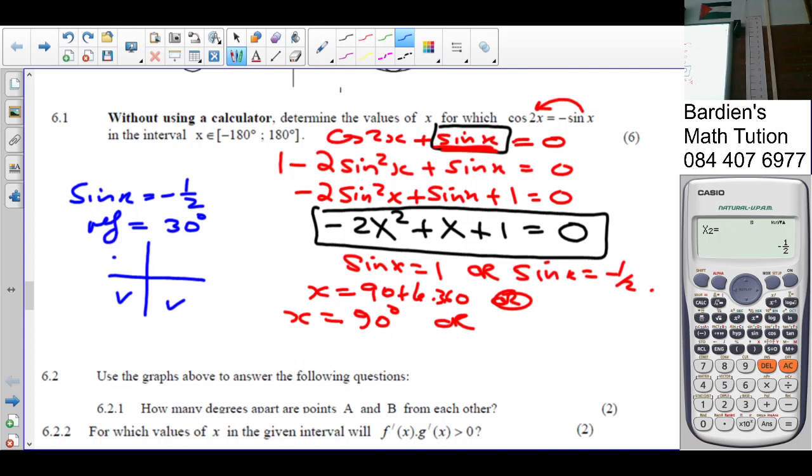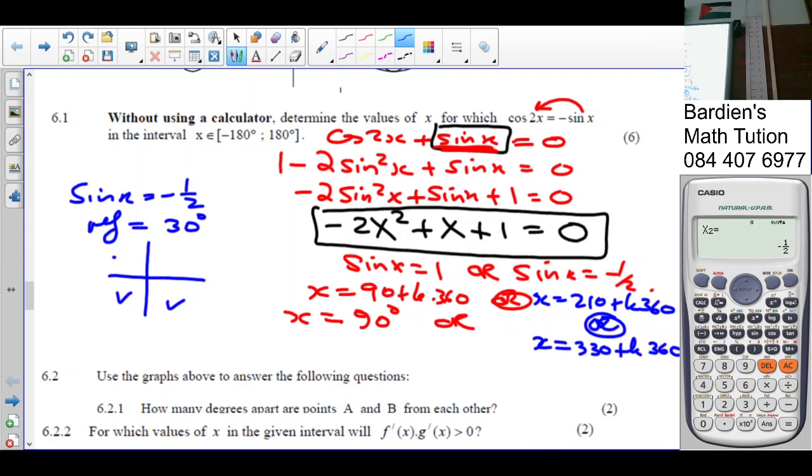So for quadrant 3, x is equal to 180 plus 30, which is 210 degrees plus k times 360. Or, in quadrant 4, 360 minus 30 degrees is 330 degrees plus k times 360.